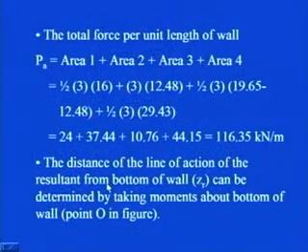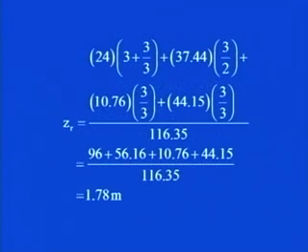The distance of the line of action of the resultant from the bottom of the wall, let us call it ZR, can be determined by taking the moment of all the forces about the bottom of the wall, which I showed you earlier, that is point O. So, that is 24 was the force for the first one, then 3 plus 3 by 3 wherever it is acting, and then divided by the total force, which will result in 1.78 meters.